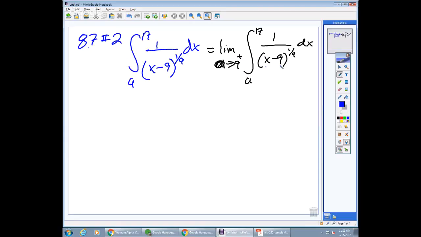Okay, so I'm pretty sure the antiderivative here is (x minus 9) to the power 8/9 divided by 8/9. Or if you like, you could multiply by the reciprocal, 9/8. And that's from a to 17.